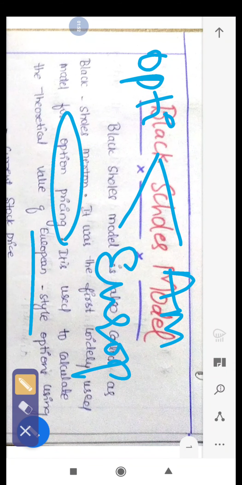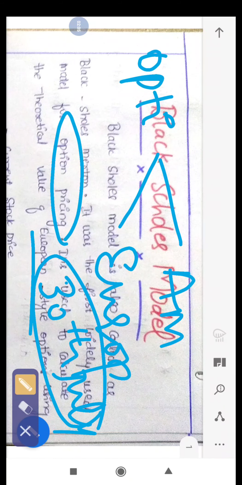In an option we fix one date. For example, 30th July, on 30th July I will sell this option to you. This is the one date they have fixed. This is the expiry date for exercising the option.